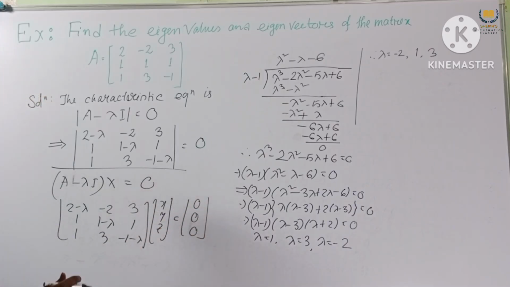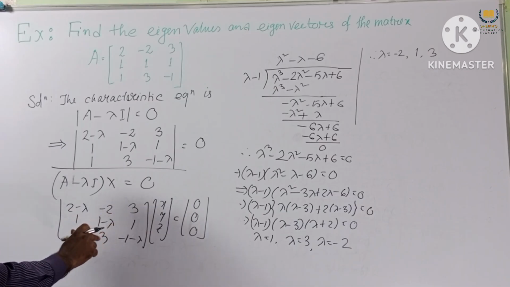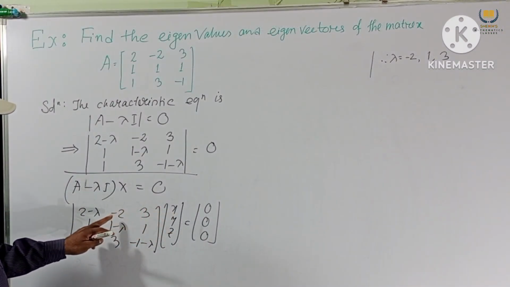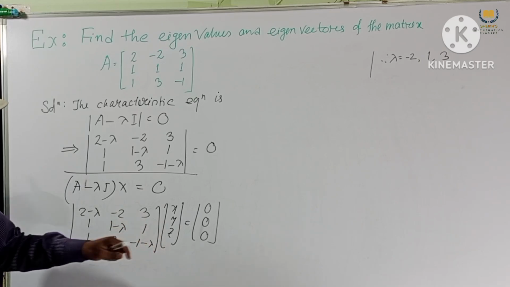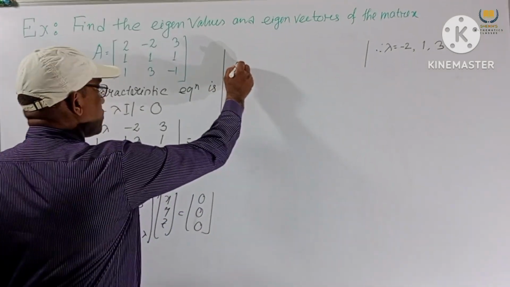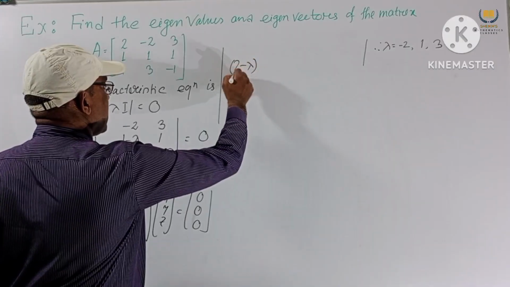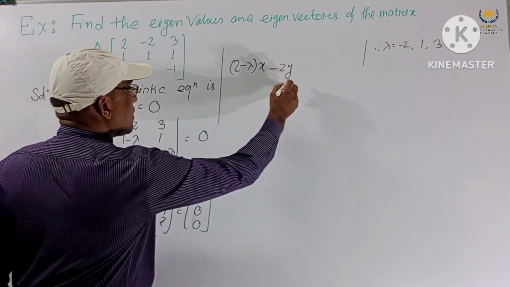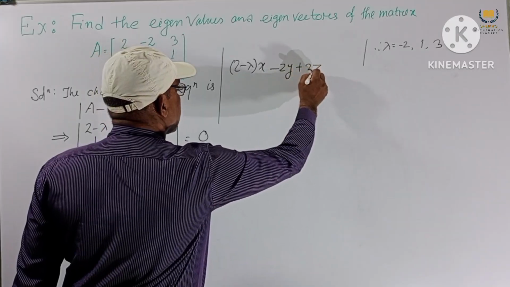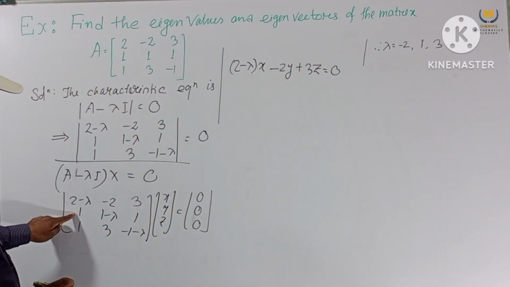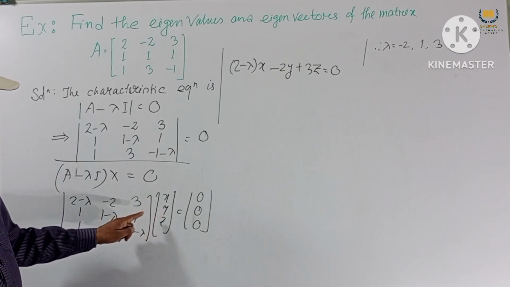We get this. And if we multiply this, this will be 2 minus lambda times x, minus 2y, plus 3z. In this way we can write 2 minus lambda x minus 2y plus 3z equal to 0.